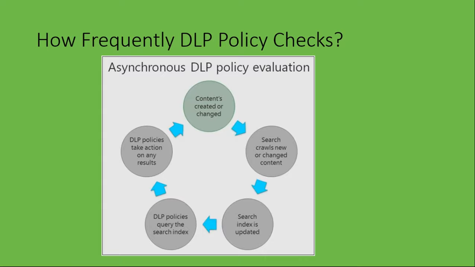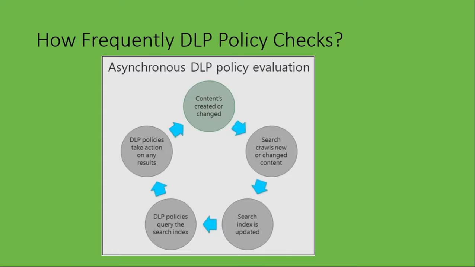As we know the process, initially a user uploads a document in a library. Then after some time, as per the search incremental crawl schedule, the document is crawled by search. And after the crawl, the document is indexed. The index is updated.